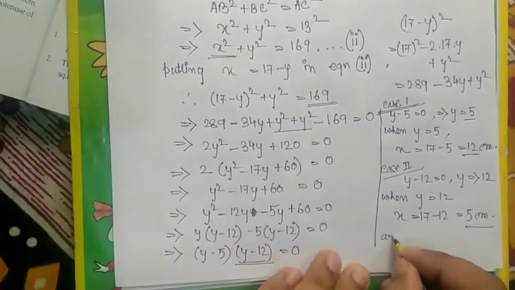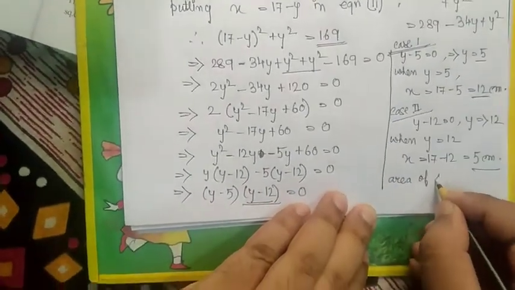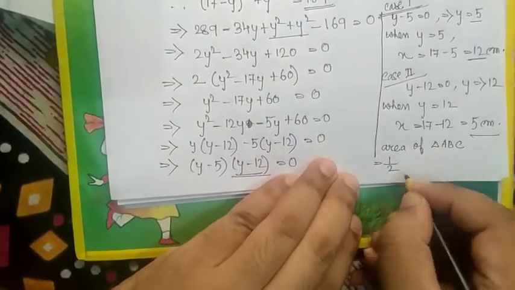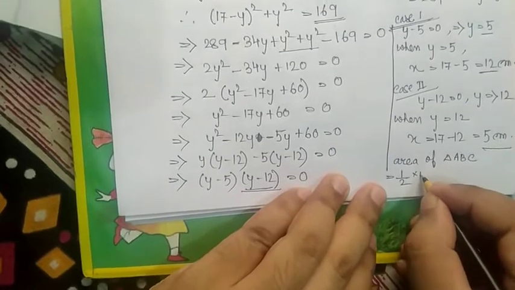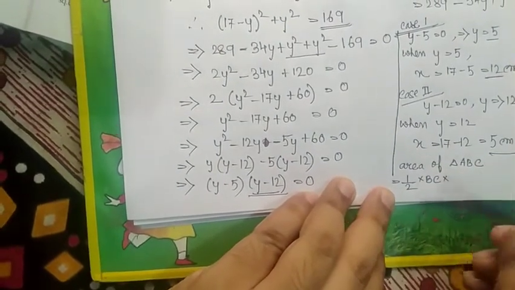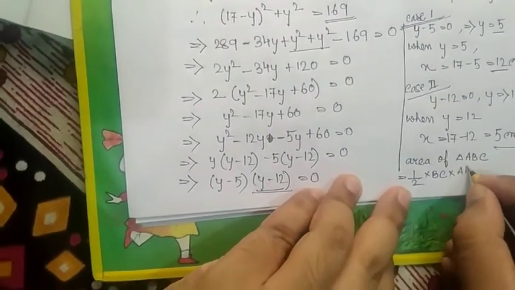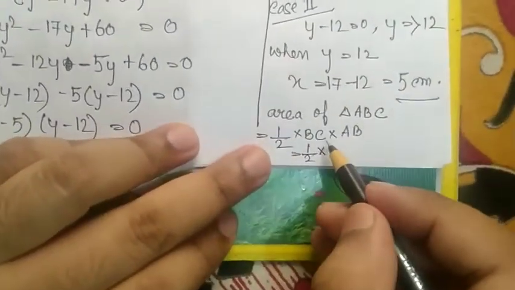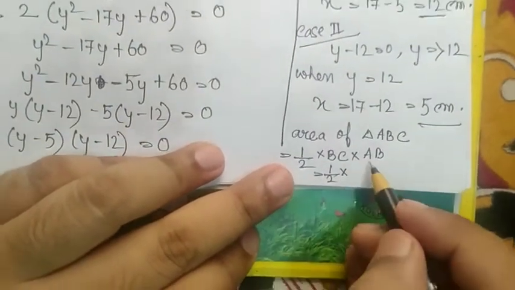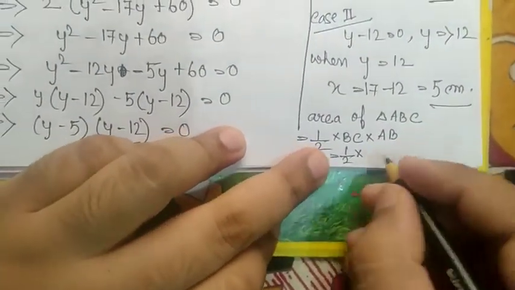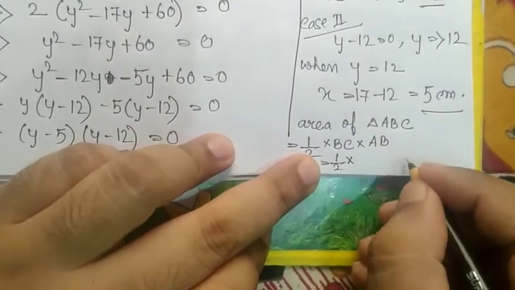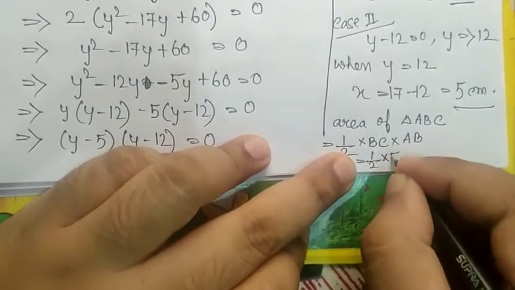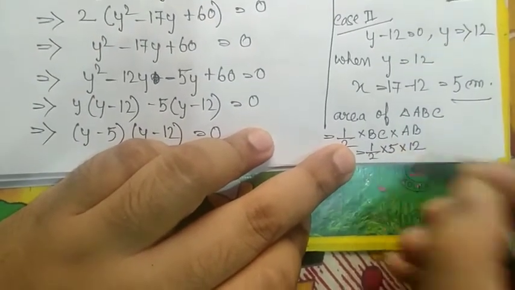Area of triangle ABC, a right angle triangle, is half into base BC into height AB. BC means 12 or 5 and AB means 12 or 5. If we put 12 here, AB should be 5, or if we put 5, AB should be 12. This is the same, you can put any one.